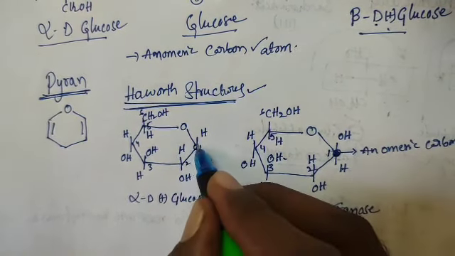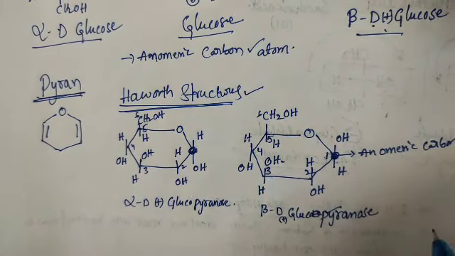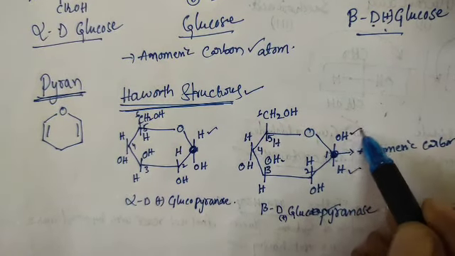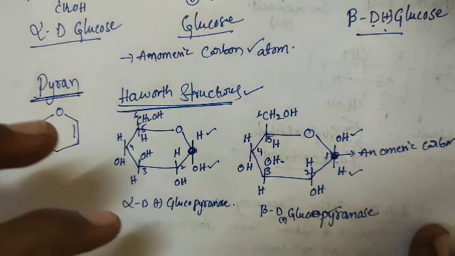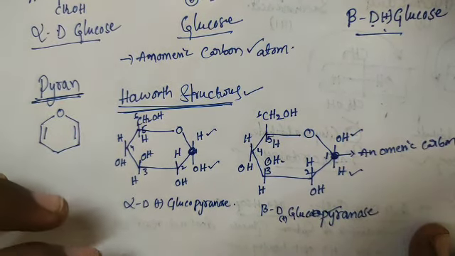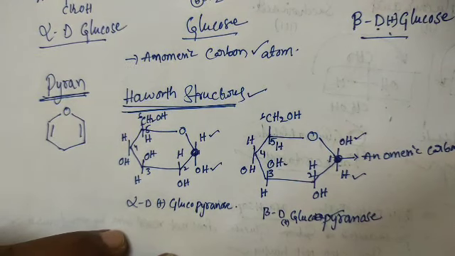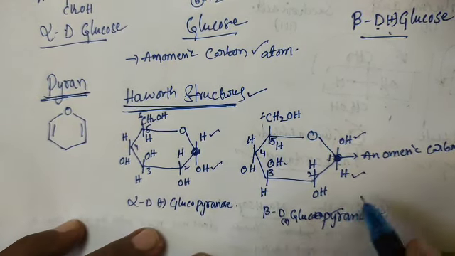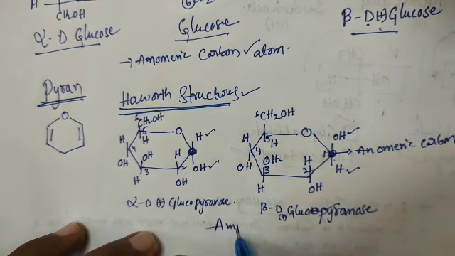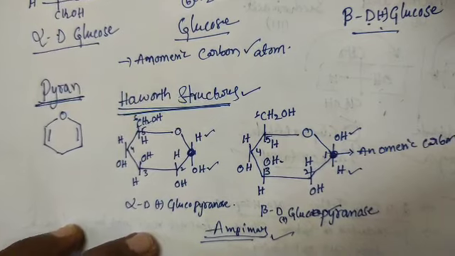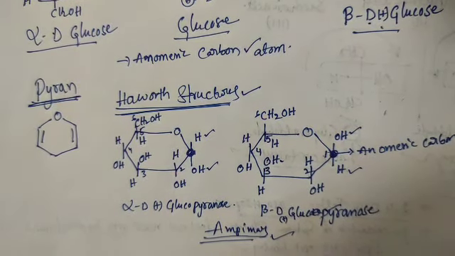Both are the same. The difference is the first carbon: here H up, here down, OH here up, here down. This is the only difference in the Haworth structures, the anomeric carbon. These two we also call epimers. What is that? Epimers. Alpha D glucose and beta D glucose are epimers.